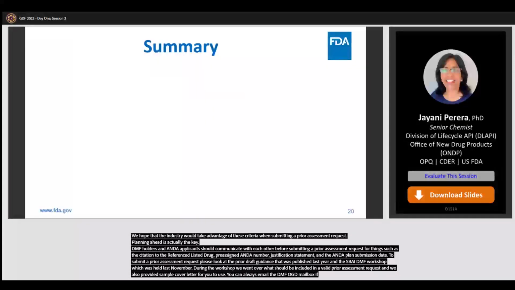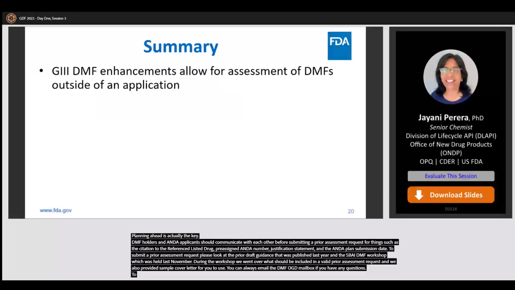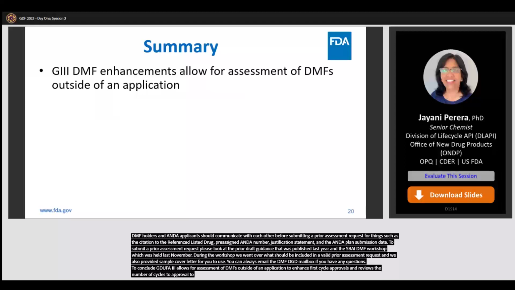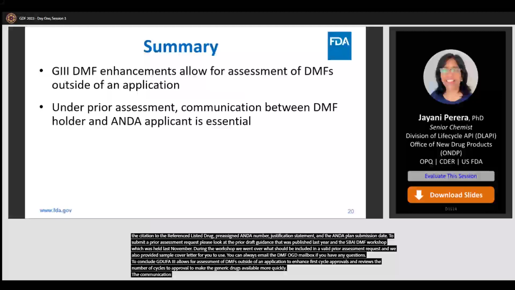To conclude, GDUFA III allows for assessment of DMFs outside of an application to enhance first cycle approvals and reduce the number of cycles to approval to make the generic drugs available more quickly. The communication between the DMF holder and the ANDA applicant is essential when it comes to a prior assessment request.